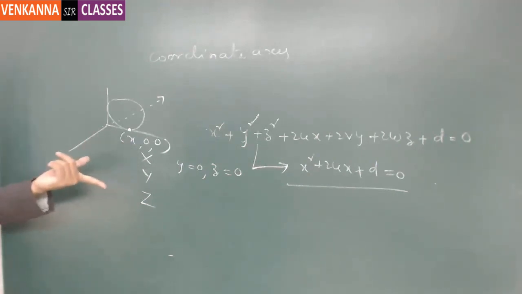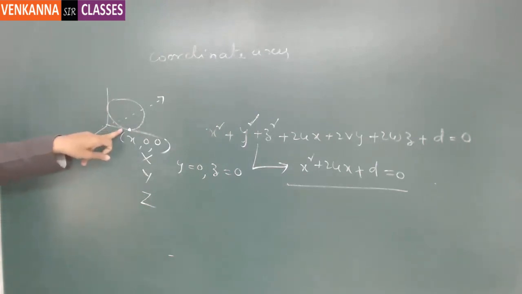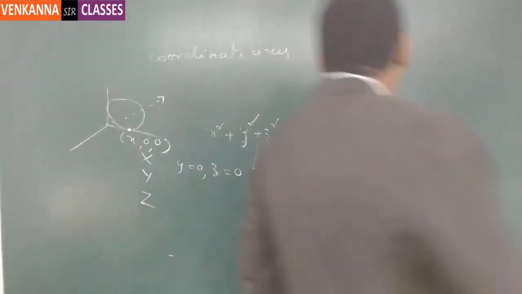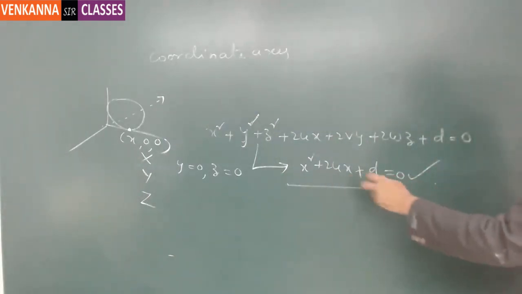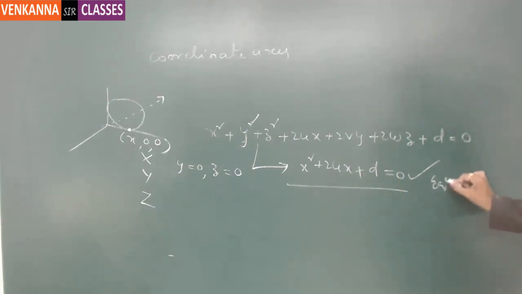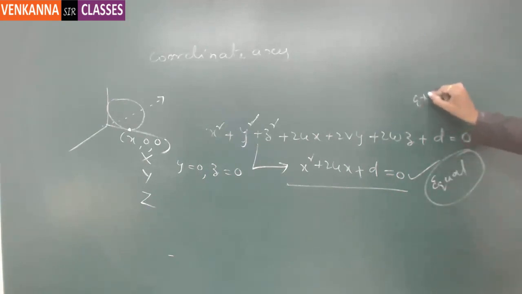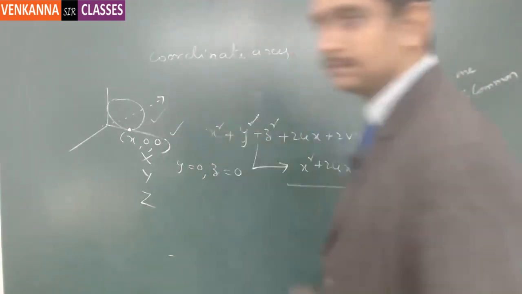So there is exactly 1 point common for the sphere and the line. It is nothing but a quadratic equation, so it contains two roots which are equal, because exactly 1 point is common for the sphere and the axis.